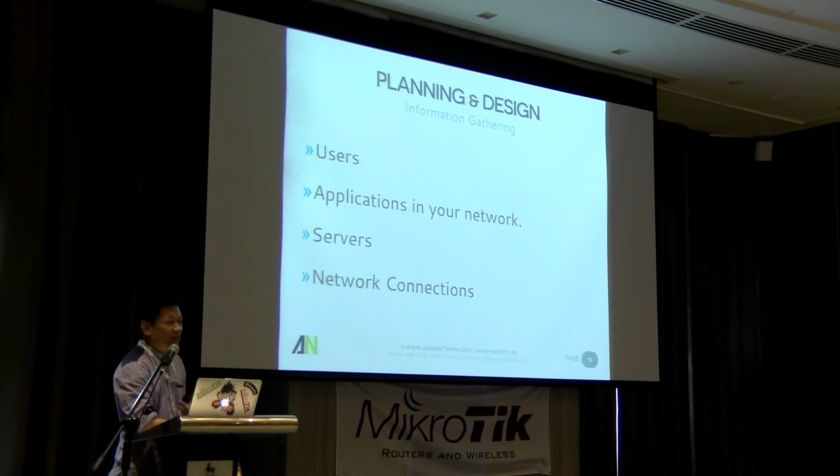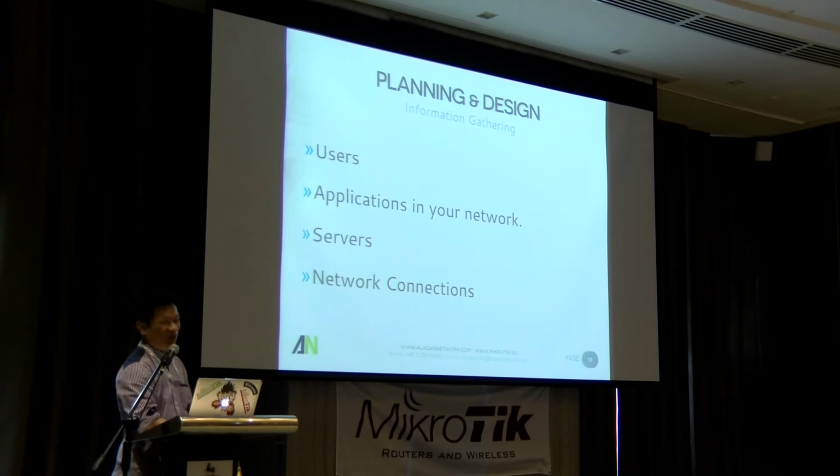And you have to know what software and applications are running inside your network that will need access to another network. Because you don't want to block your accounting software. You don't want to block your boss's software.